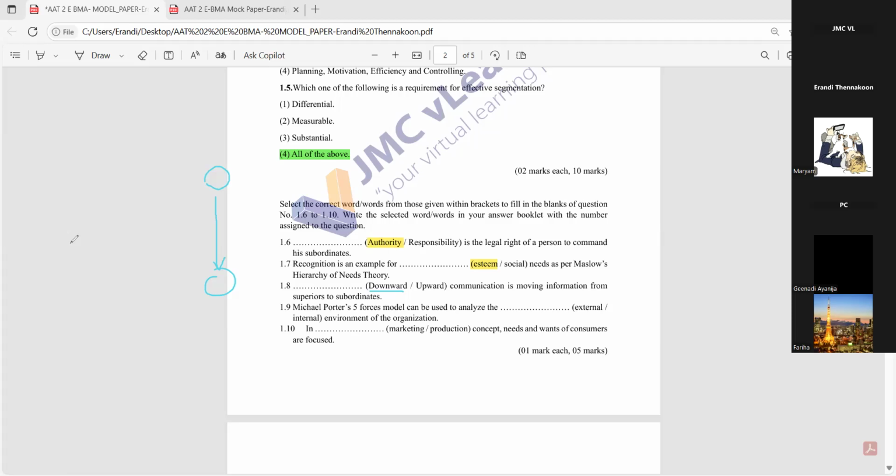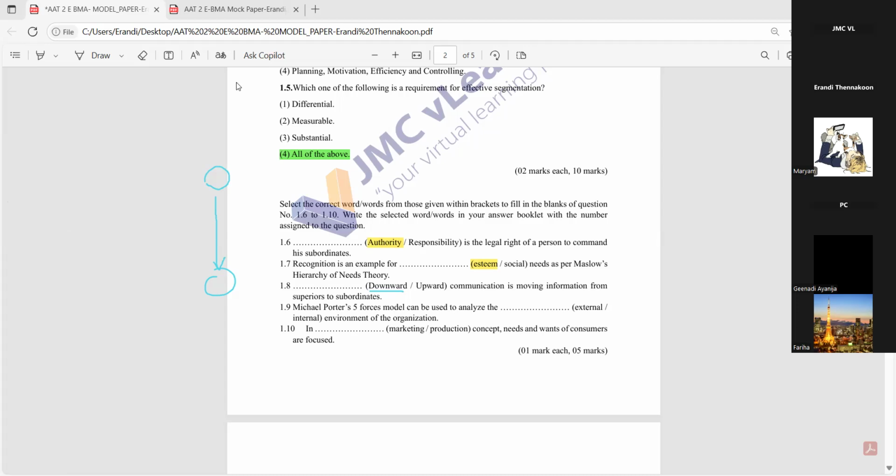So there, Michael Porter discussed about what? This Michael Porter's five forces model helps us to assess the competition and the strength in the industry, not within an organization, right, in an industry, right?